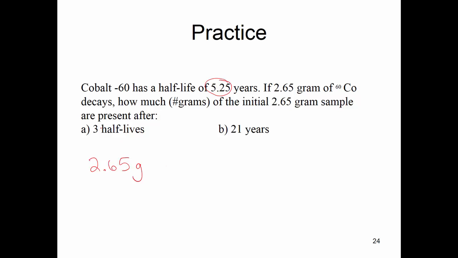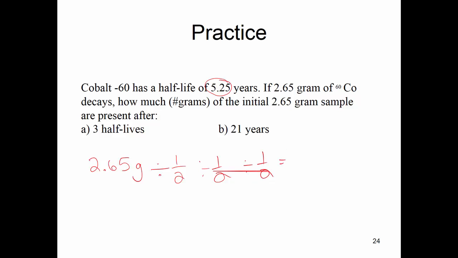Okay, so this one gave you how many half-lives. So we're going to divide by 2 or 1/2, however you want to do it. Same thing, divide by 2, divide by 2, and divide again. So get your calculator out.